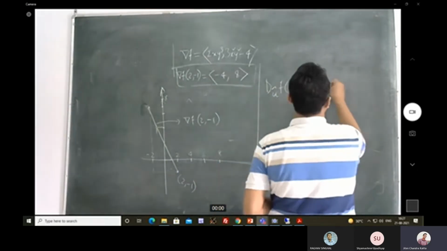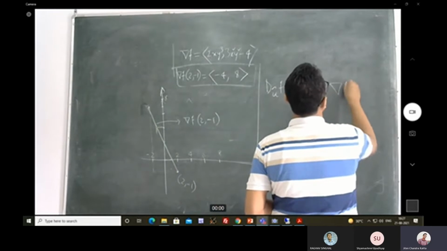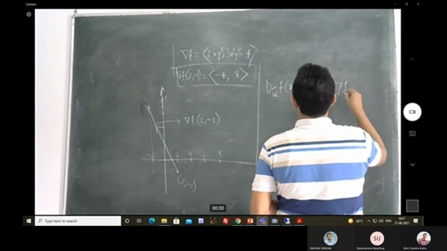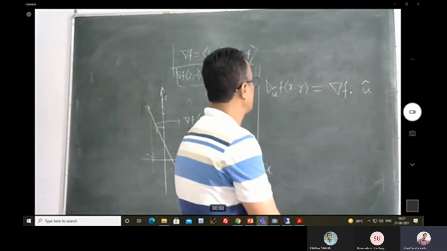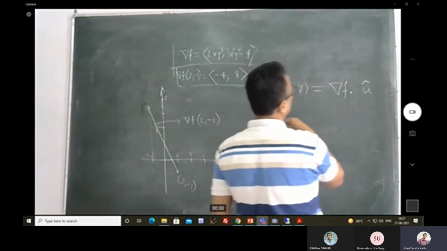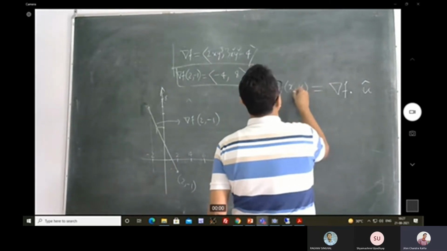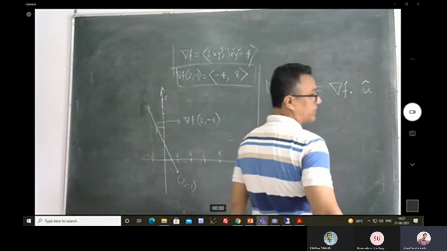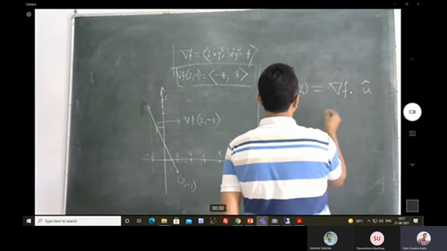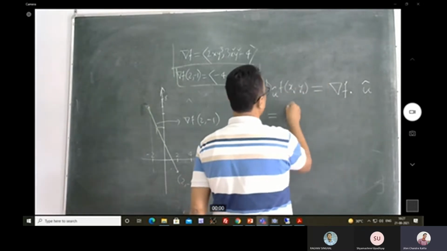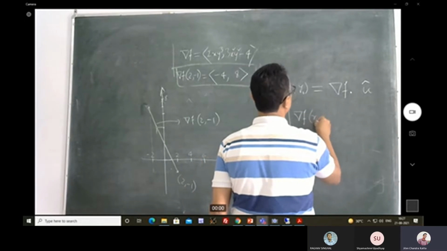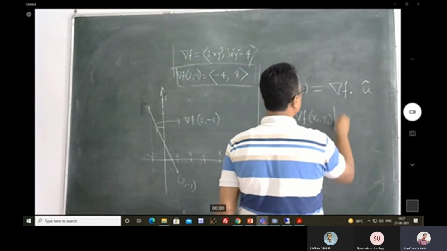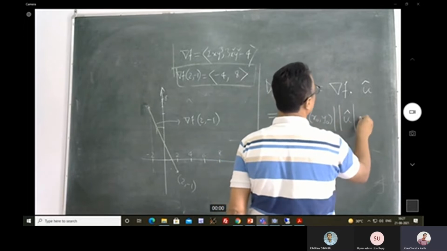Then you know that this is simply grad f dot u cap. So this is going to be nothing but grad f at x naught, y naught, then u cap.